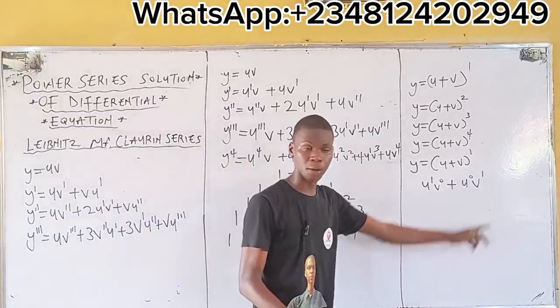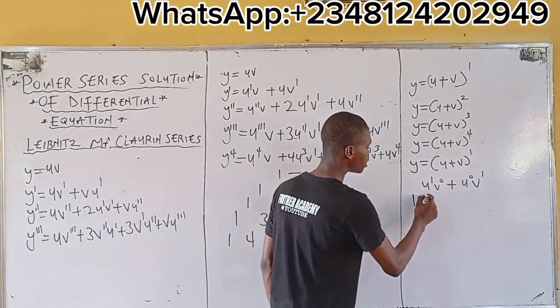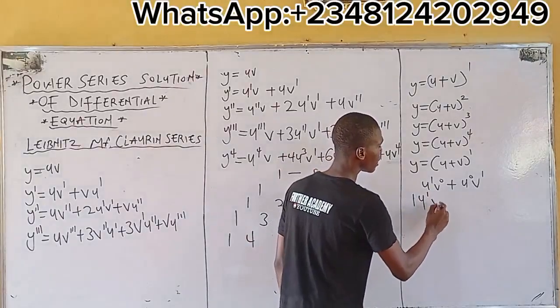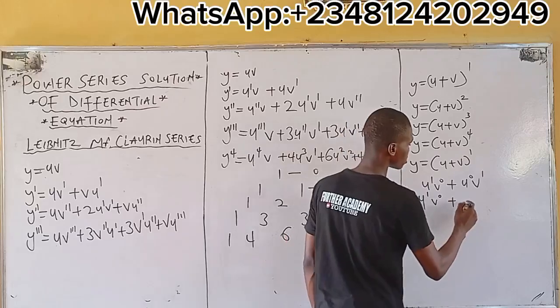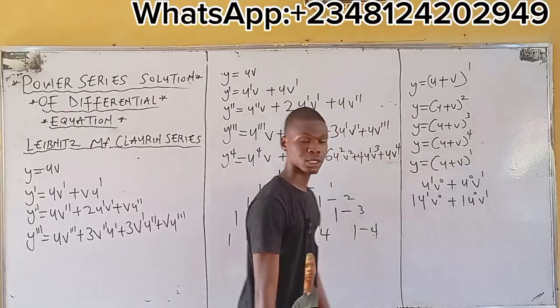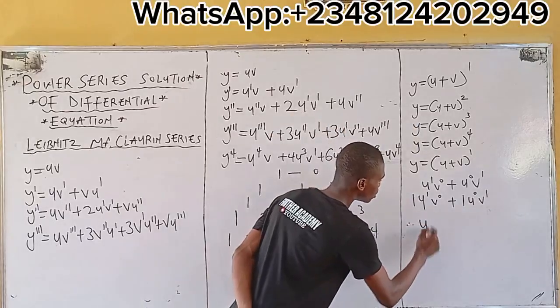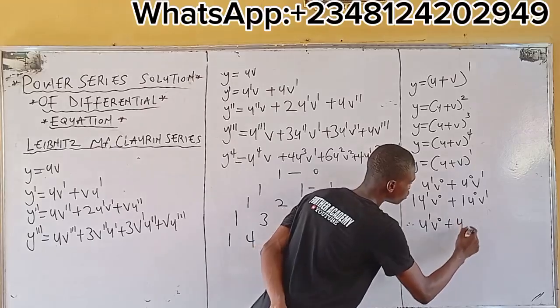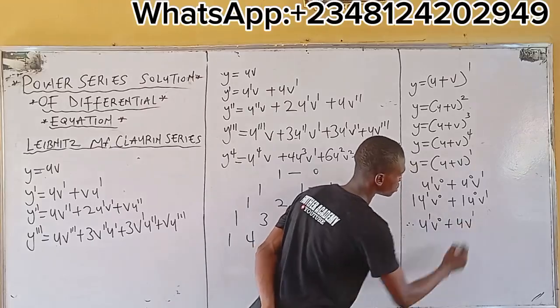Our coefficient becomes what? 1 multiplying u raised to the power of 1, multiplying v raised to the power of 0, plus 1 multiplying u raised to the power of 0 multiplying v raised to the power of 1. Therefore, I'm having u raised to the power of 1, v raised to the power of 0 plus u multiplying v raised to the power of 1.